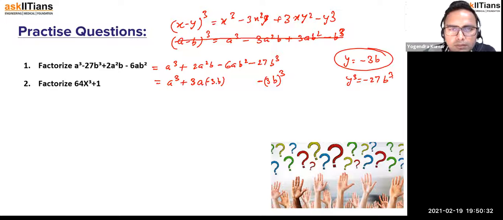Minus 3b square. Right, if you want to just take minus inside, that will be better. So this is what we have. We can do this way.